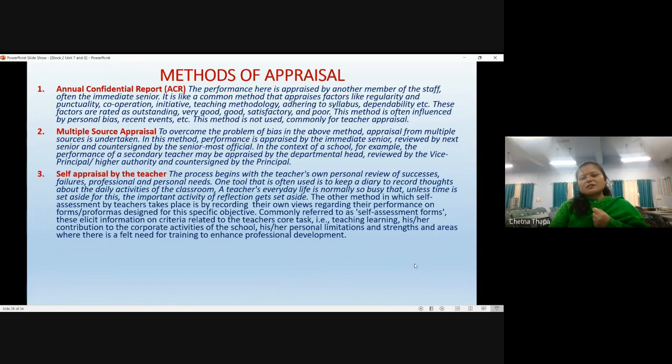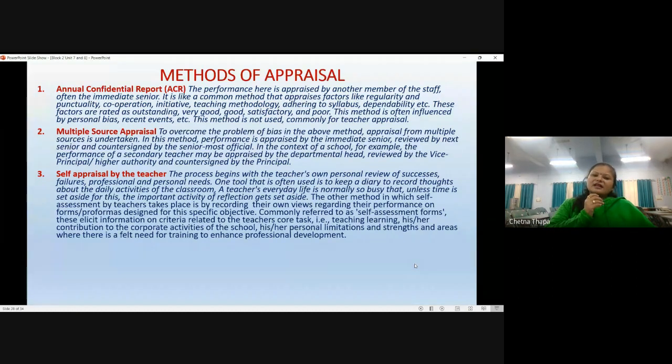That might be teaching, learning, that might be contribution in the various activities of the school, that might be his personal limitations, the strengths, the areas, and where the need of training is felt, what are the training needs to enhance the professional development. So there you need to frame a self-assessment form.